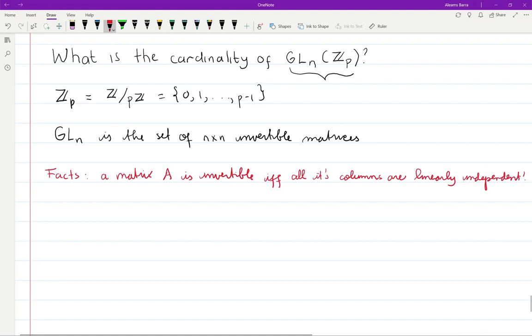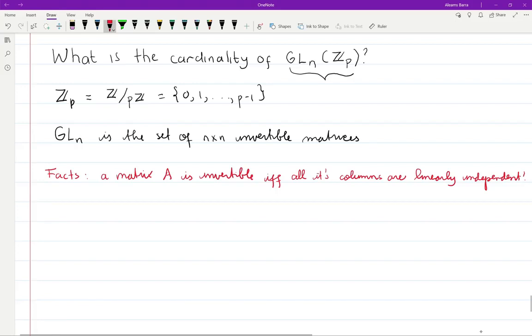Okay, so then in this case, a matrix is in GLN if all the columns of this matrix form linearly independent vectors. The column vectors are all linearly independent. Okay, so let's take a look at a simple case.